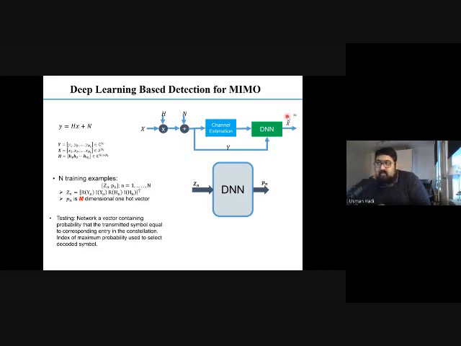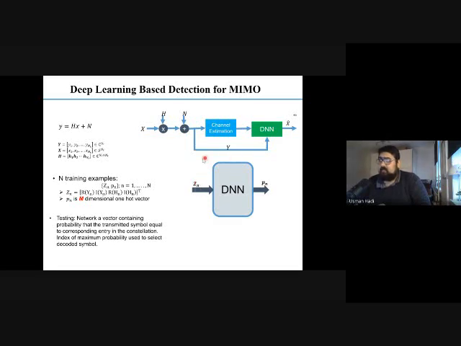You don't know X, you just know Y and H, and you try to find the transmitted vector, X hat. This is the channel estimation, or detection, that we talk about in MIMO.